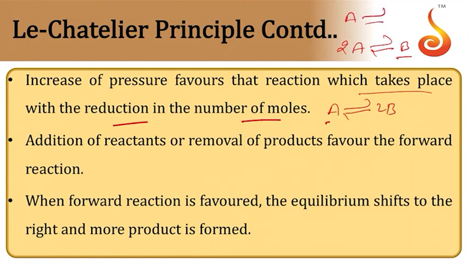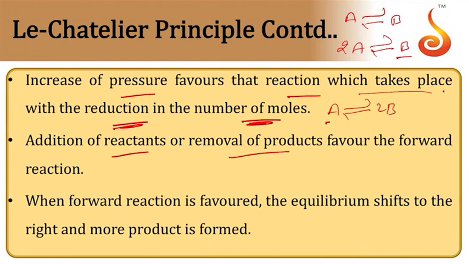Suppose you have a reaction like A giving rise to B, both gases; pressure will not have any effect on that. So the increase of pressure favors the reaction which takes place with a reduction in the number of moles. Wherever the number of moles is less, the reaction moves in that direction on increasing the pressure.